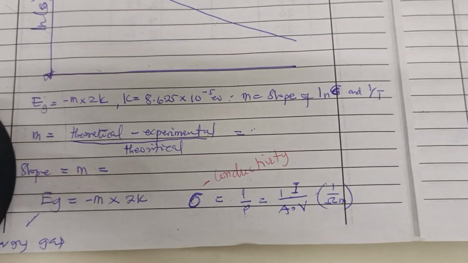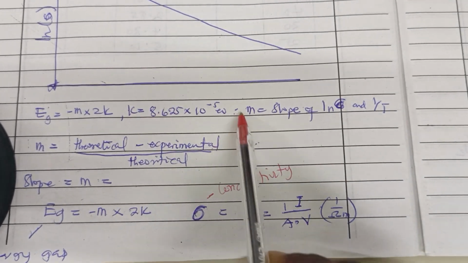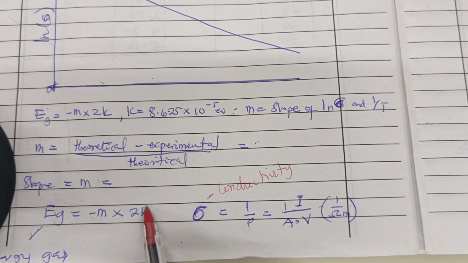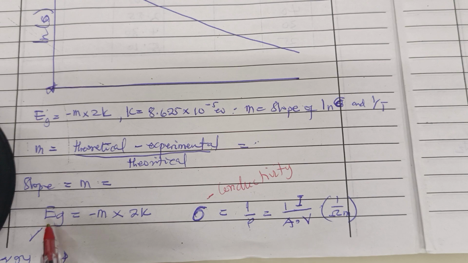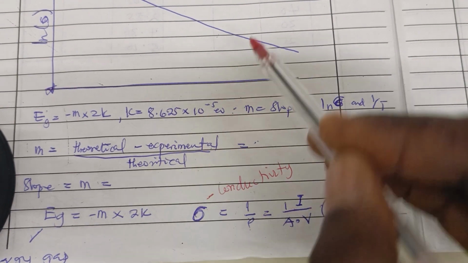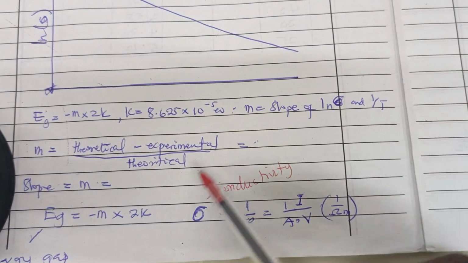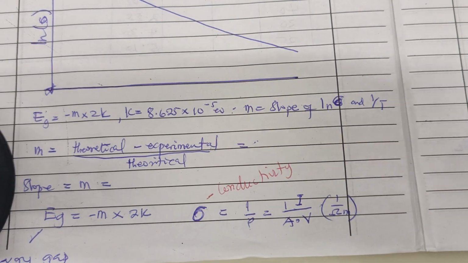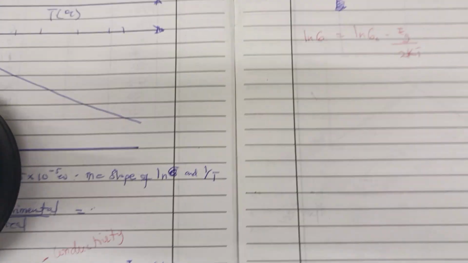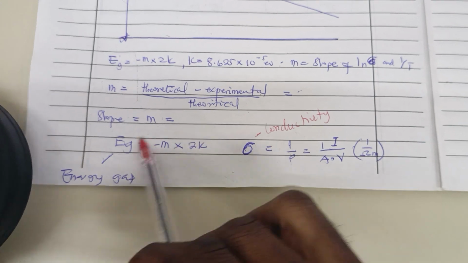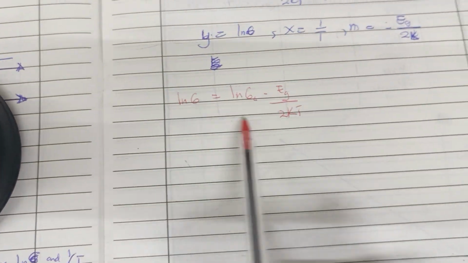The k is our Boltzmann's constant. So to get the energy gap, the slope that you get in your graph, multiply it by 2 times Boltzmann's constant. Now we want to know how this equation came about, so that's what we are trying to do here.